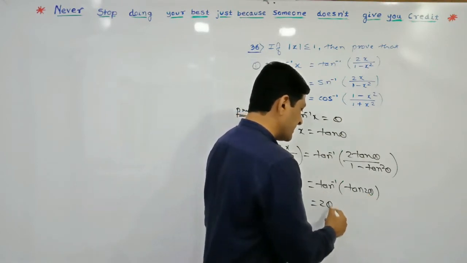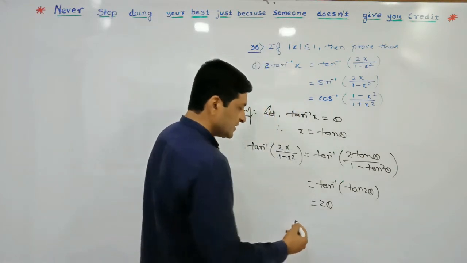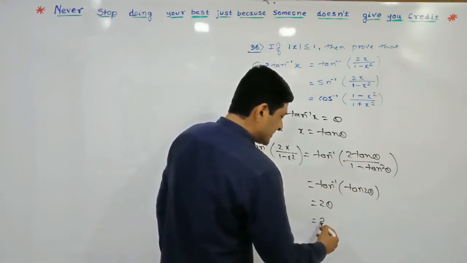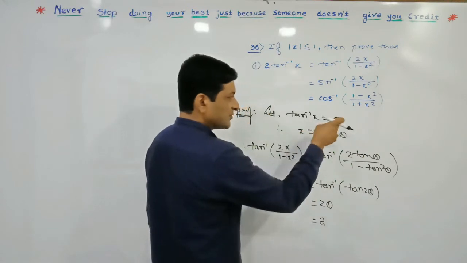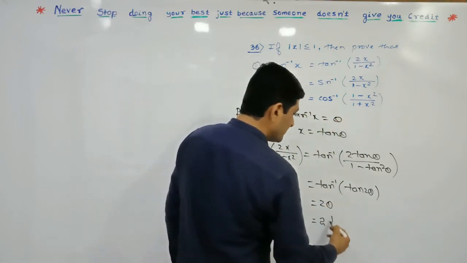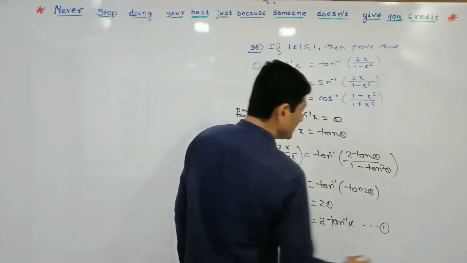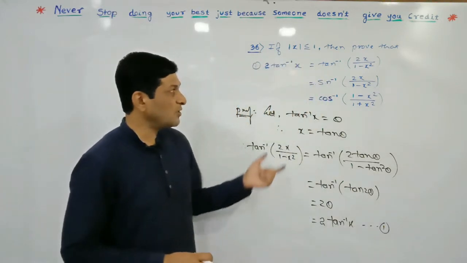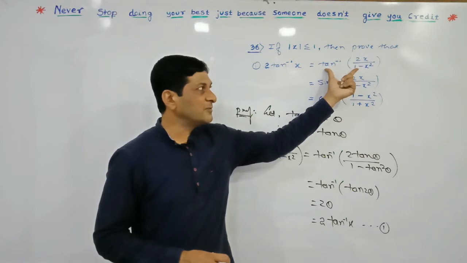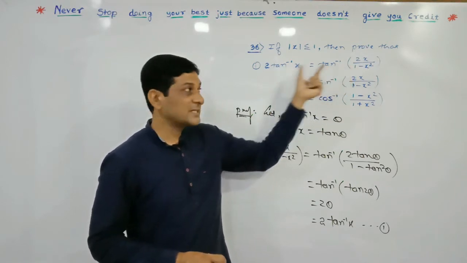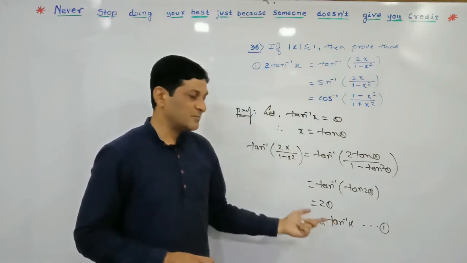What will we get here? 2 theta. Keep this 2 as it is, and theta I am replacing by its value. What is the value of theta? Tan inverse of x. Let us denote it by equation number first. So in this way we have shown that the value of tan inverse of 2x upon 1 minus x square will be equal to twice tan inverse of x.